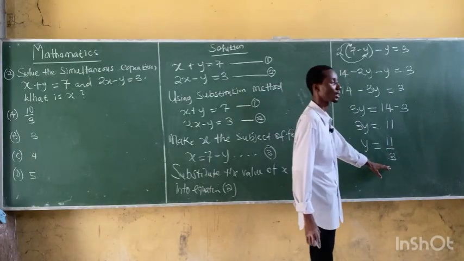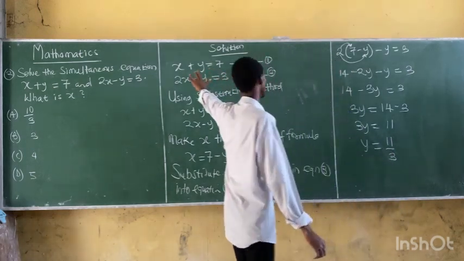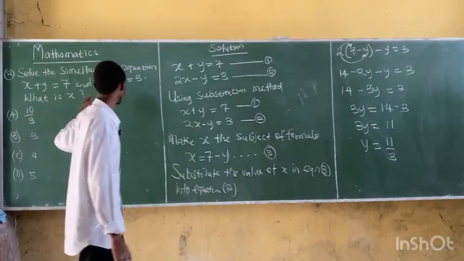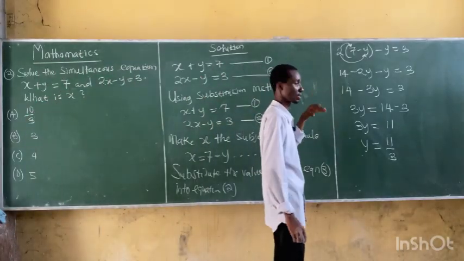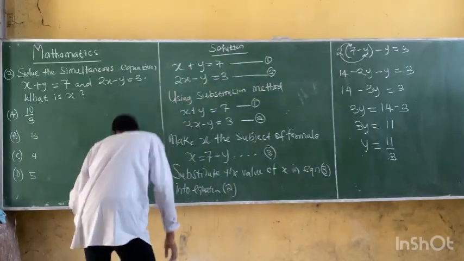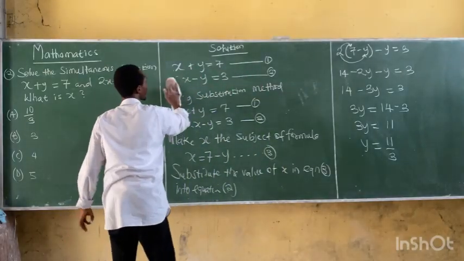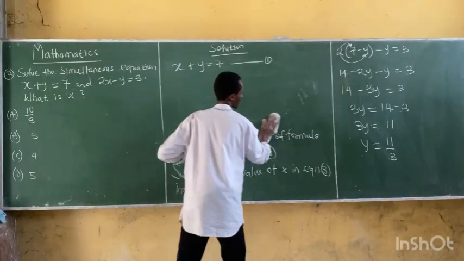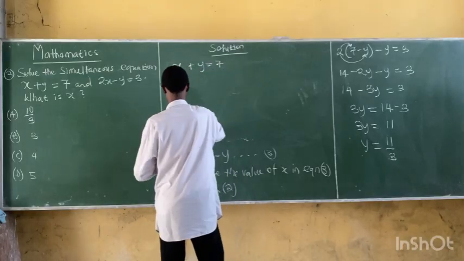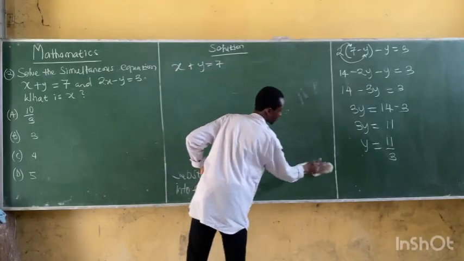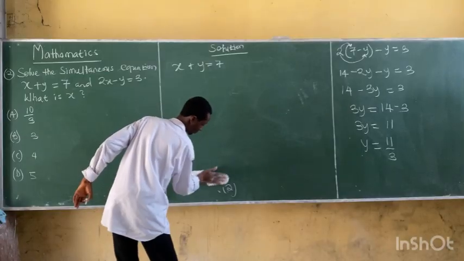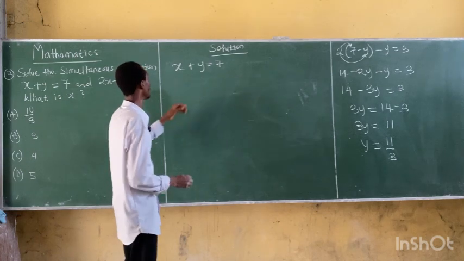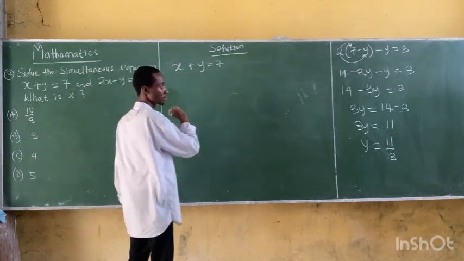Now we have gotten the value of y. Let's substitute it into equation 1 to get x. Don't forget, from the question they said what is x? So to find the value of x, we substitute this value into equation 1. If we do that, we have x plus y is equal to 7.